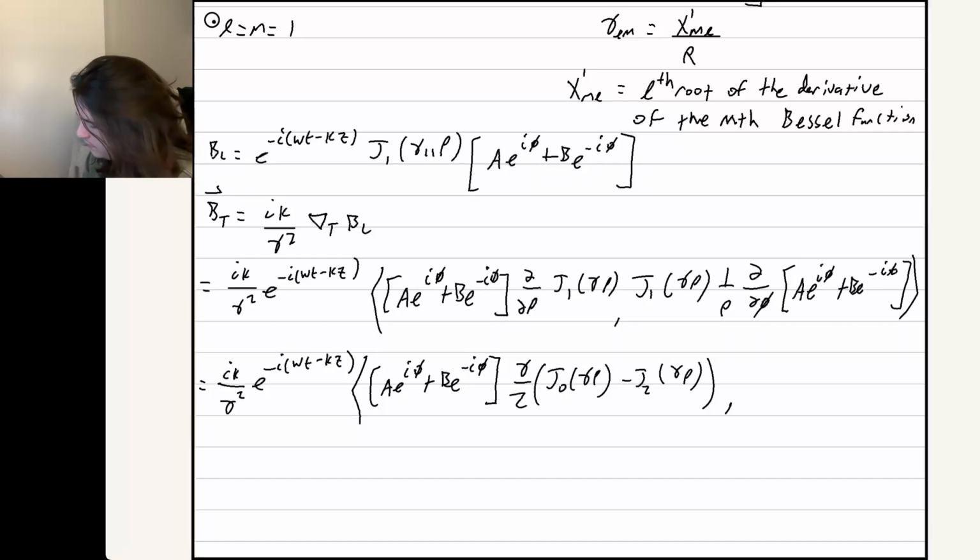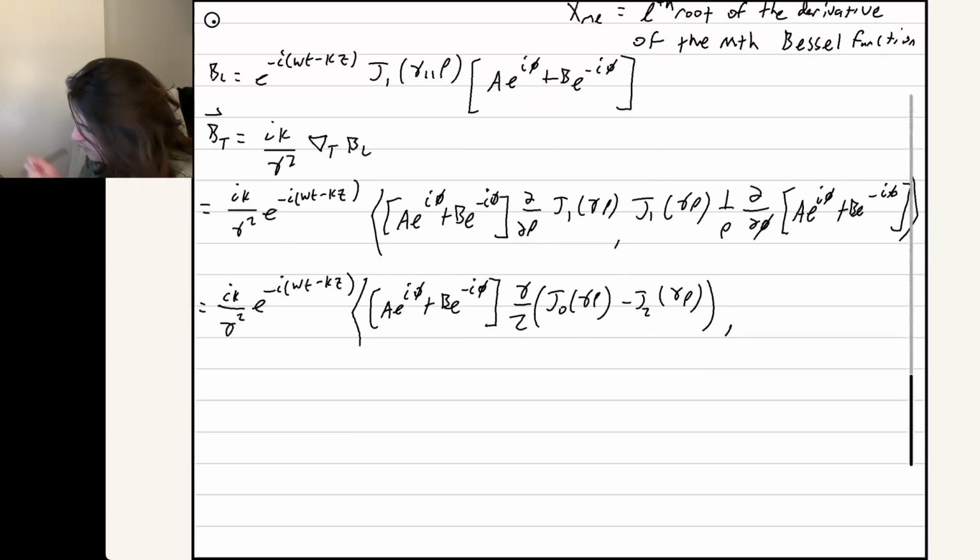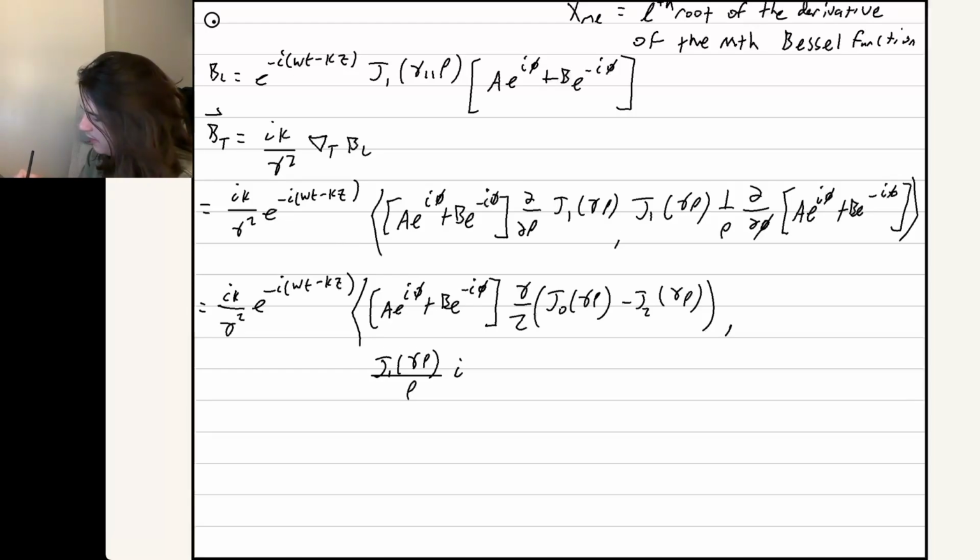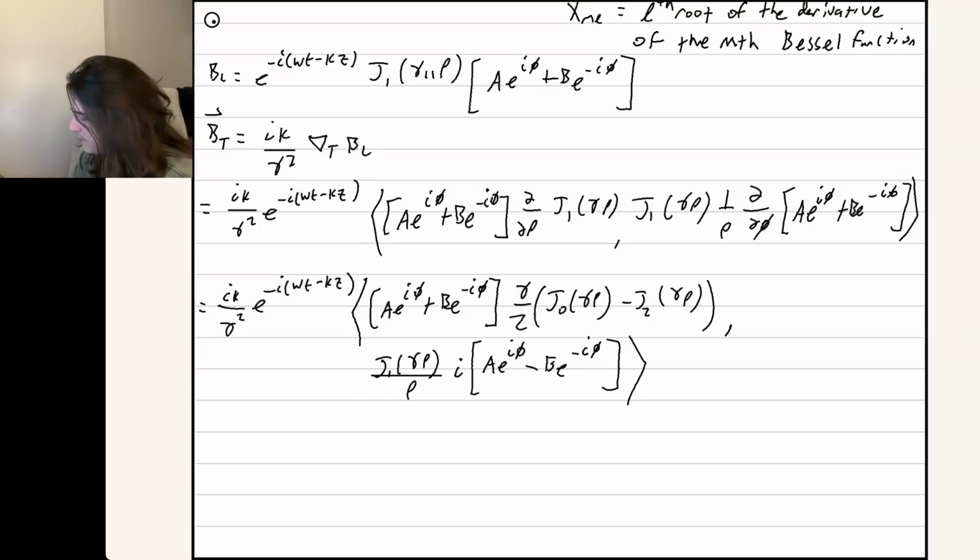And then the phi hat bit, you'll end up with the first Bessel function over rho. And then that derivative is just i times A e to the i phi, now minus B e to the minus i phi. Okay, that's your transverse magnetic.